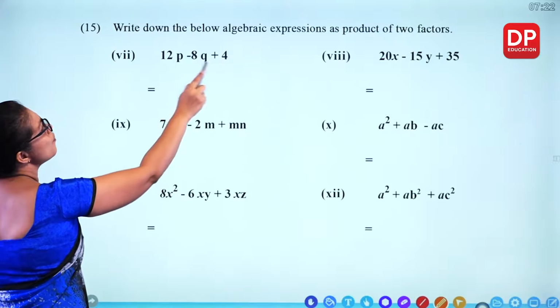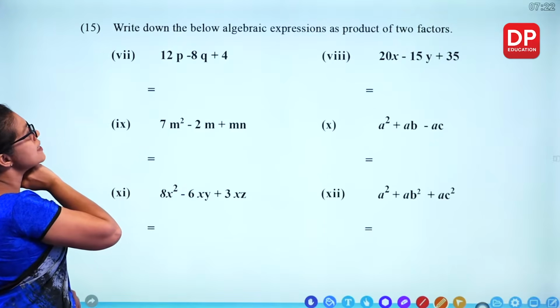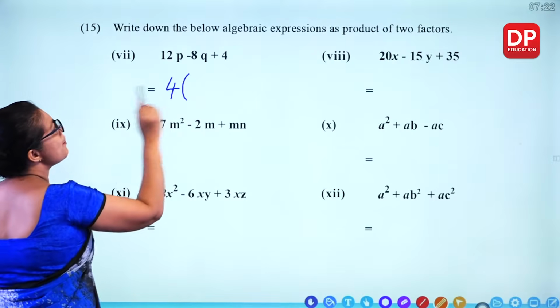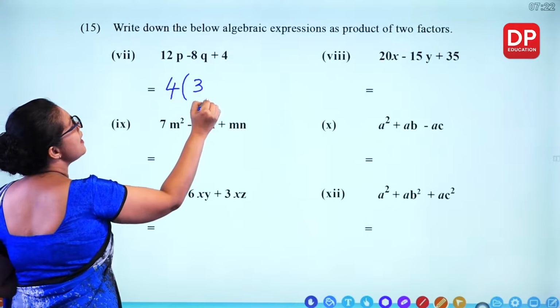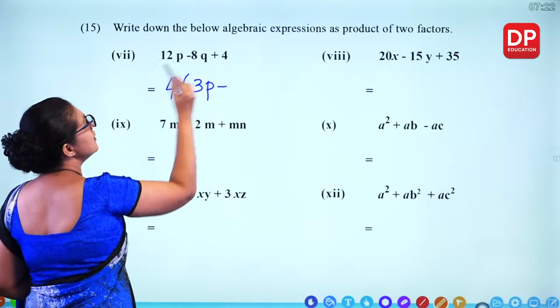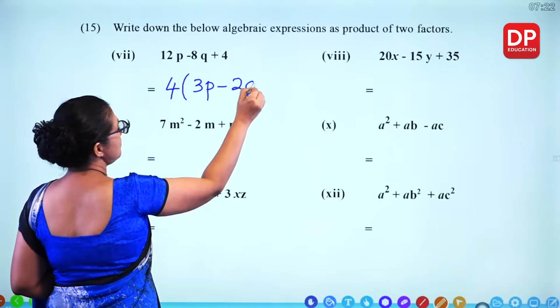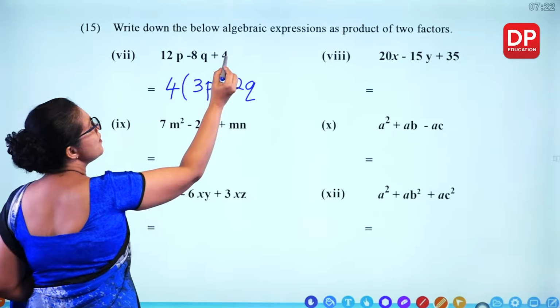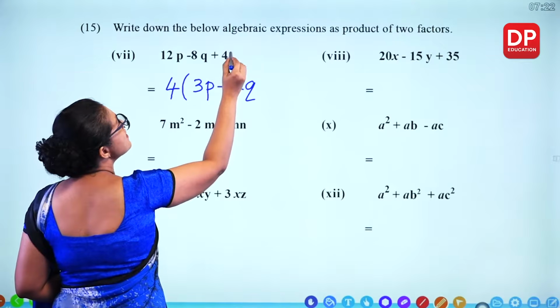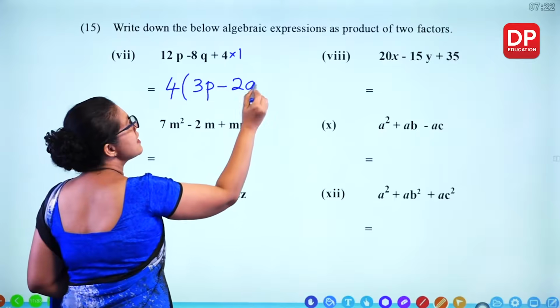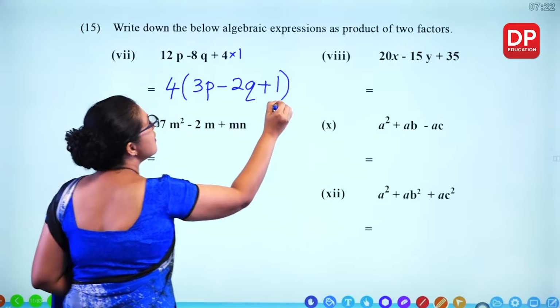What's the common one? 4, 8, 12. 4 is common. Take it out. What's remaining? 3p, minus 4 already taken from 8, so that's 2. And here I told you when only one number is there, that means 4 times 1. So 4 already taken, you get 1 here.